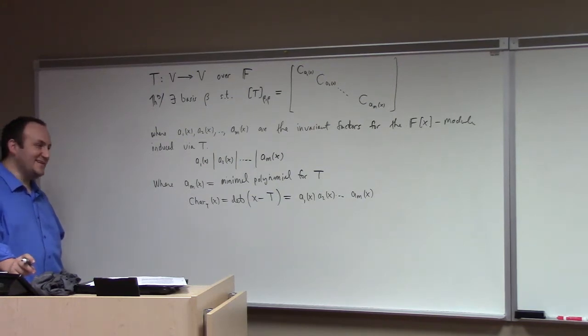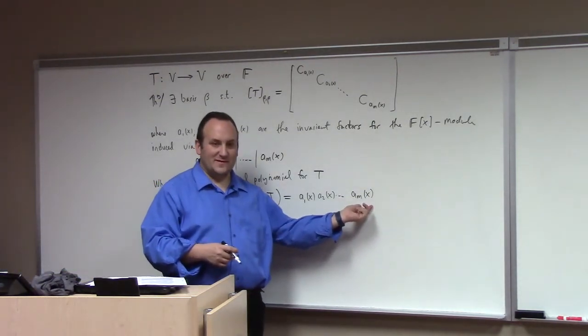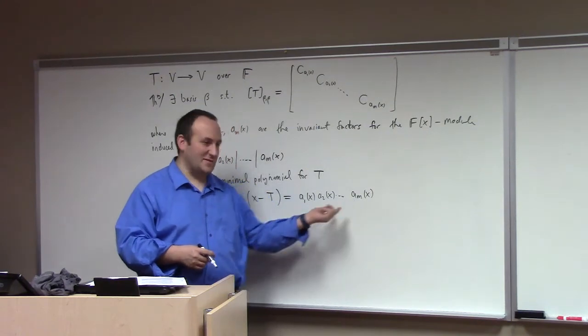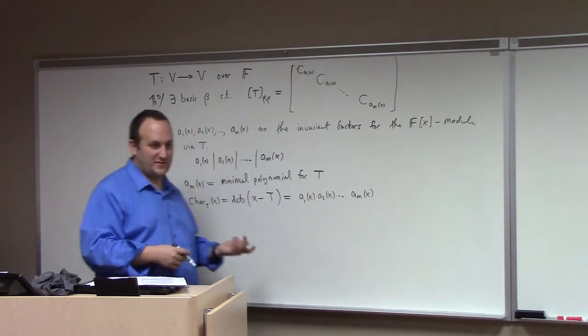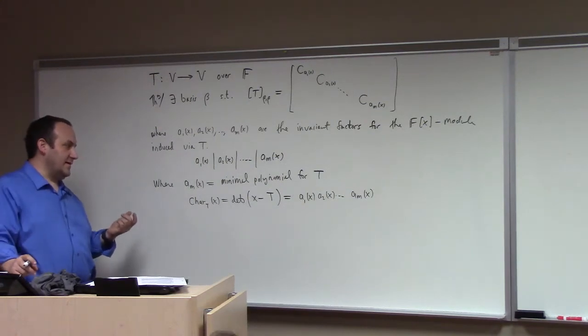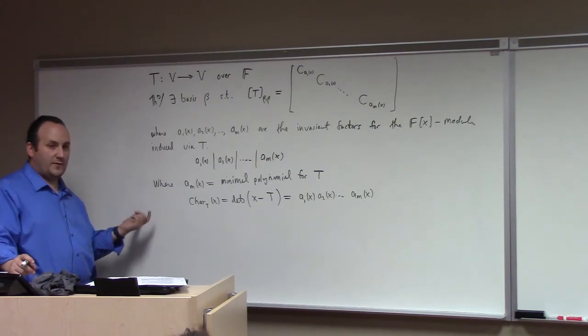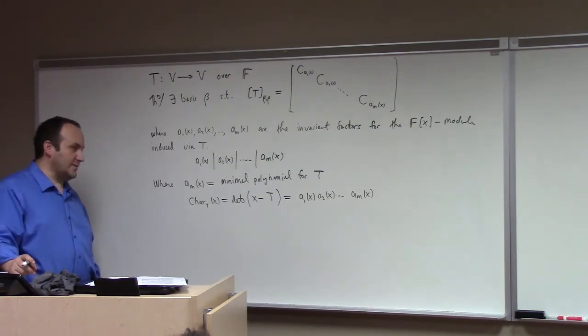That's not especially surprising if you know this formula, right? So the minimal polynomial divides the characteristic polynomial. If you know this formula, then it's obviously true. But what's also true is that the characteristic polynomial divides a power of the minimal polynomial, right?